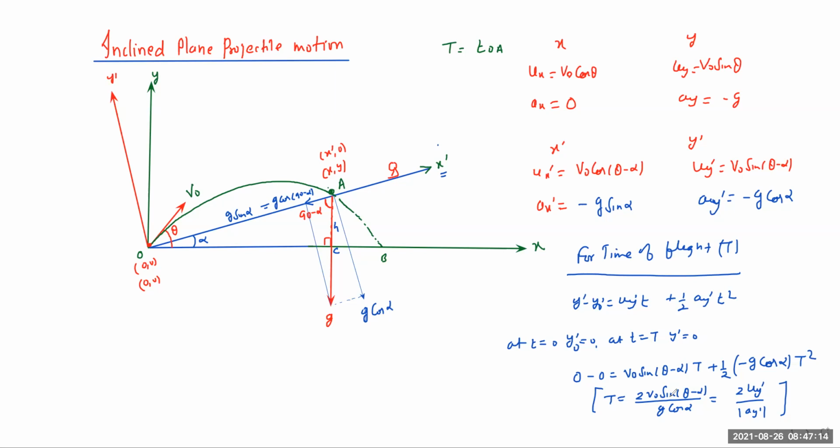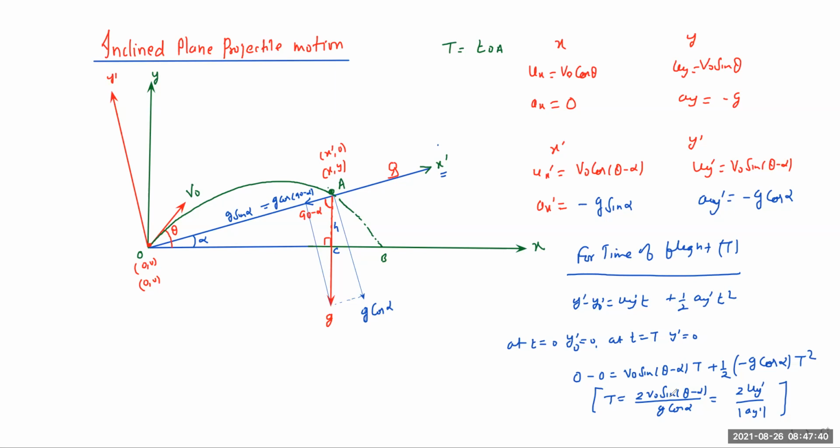That's it. So now you have to take the trigo part. Like you can write, let's say, OA cos alpha is V naught cos theta into T. Can you see that? OA cos alpha is how much? Same as OC, isn't it?